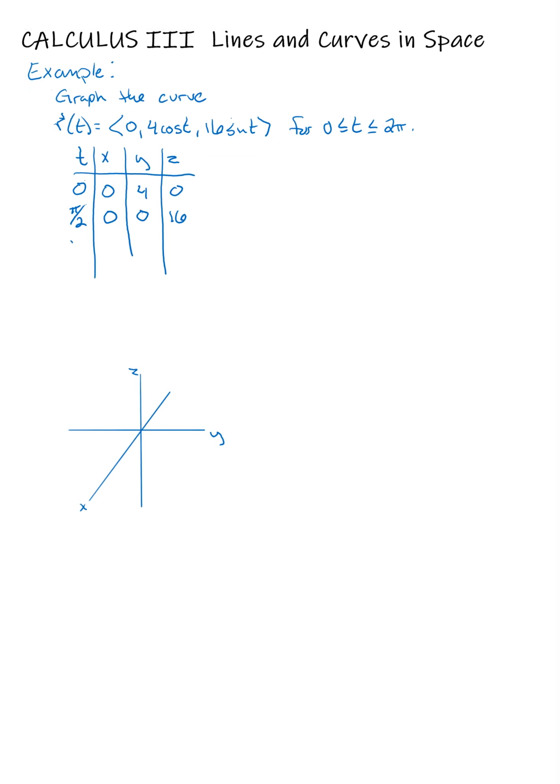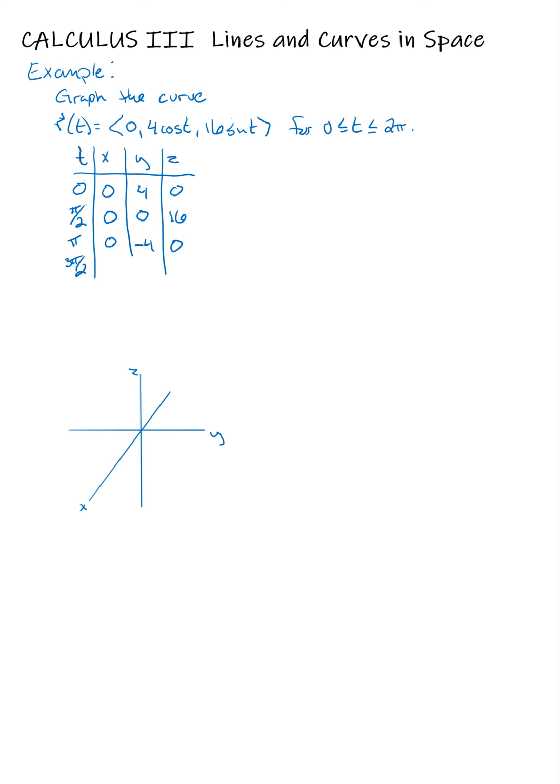Okay, moving right along, let's try a t value of pi. Again, really nice to work with, dealing with sines and cosines. The x value again is 0, as it has been. Cosine of pi is negative 1, so we get negative 4, and sine of pi is 0, so we're back to 0 on that one. And let's take a look at 3 pi over 2.